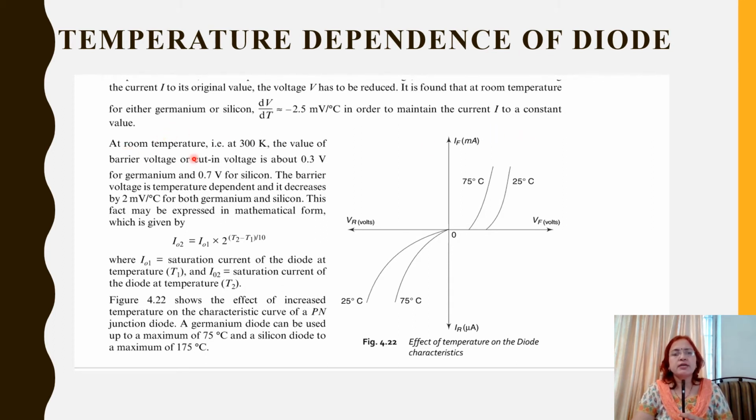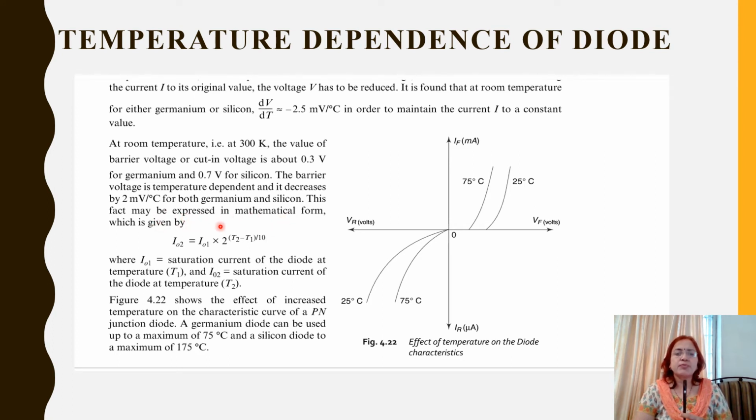At room temperature, the value of barrier voltage or cut-in voltage is about 0.3 volt for germanium and 0.7 volt for silicon. The barrier voltage is temperature dependent and it decreases by 2 millivolt per degree Celsius for both germanium and silicon.